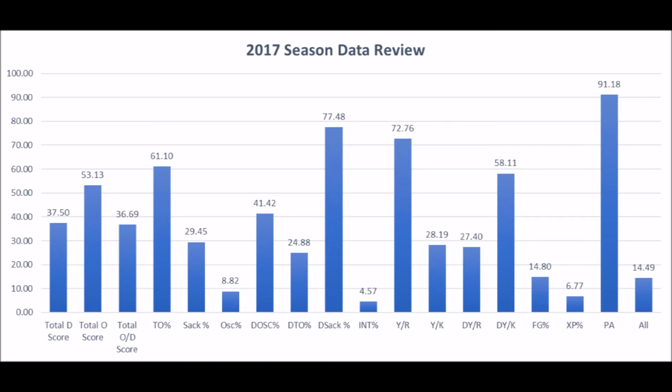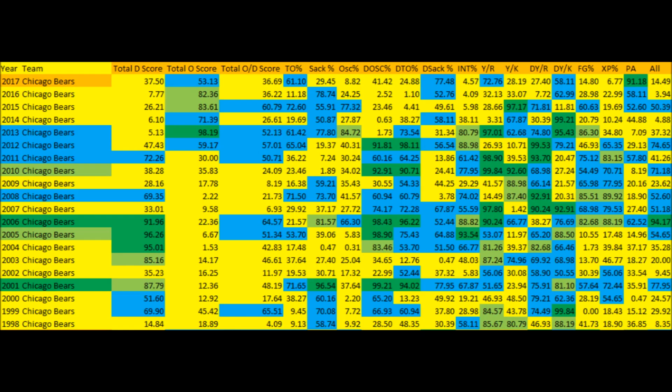Now, when you look at how the Bears compare to every Chicago Bears team since 1998, based on the very same statistics, it's weird to say this, but the Bears did get a little bit better in certain areas between what the 2016 Bears did and what the 2017 Bears did.